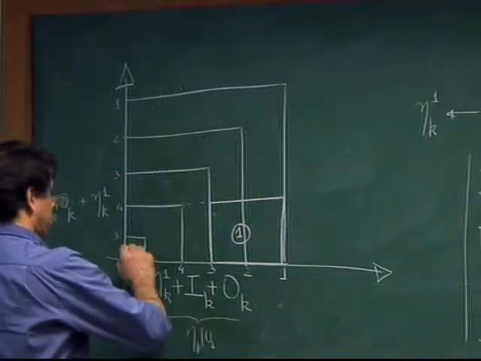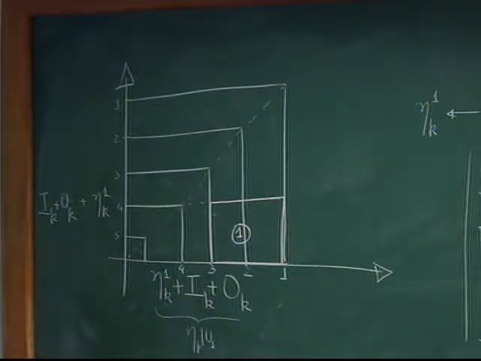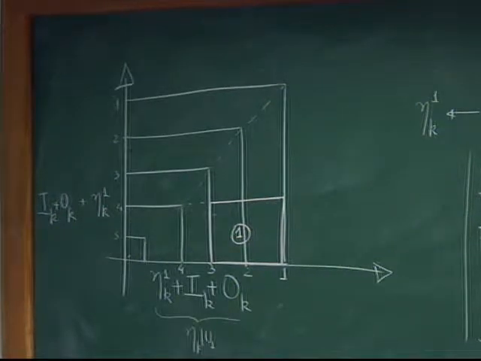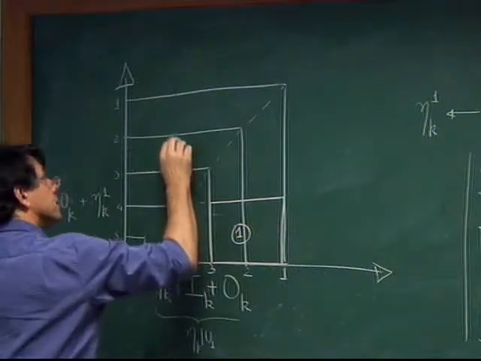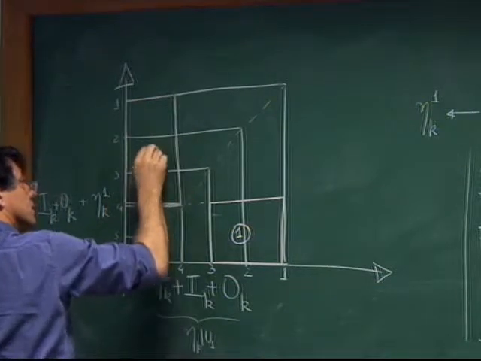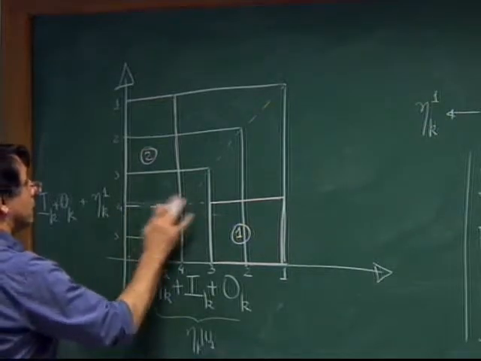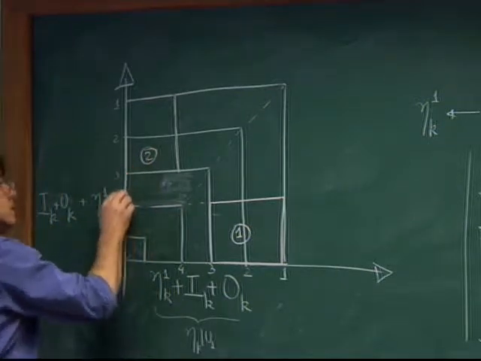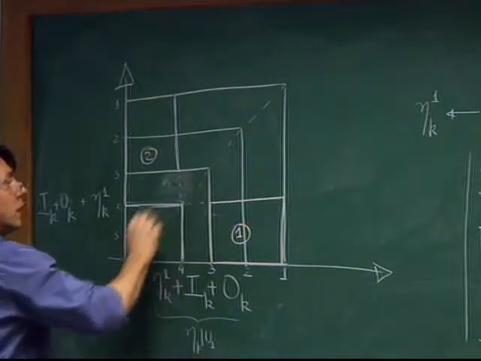See? It is far away from the diagonal. The second term is symmetric to this one, so it's clear that it lives here. No, not here. Here. Of course, again, far away from the diagonal.